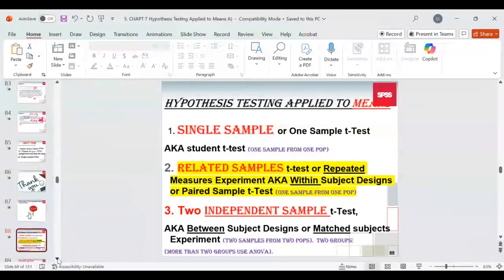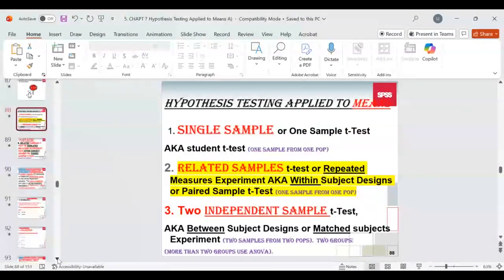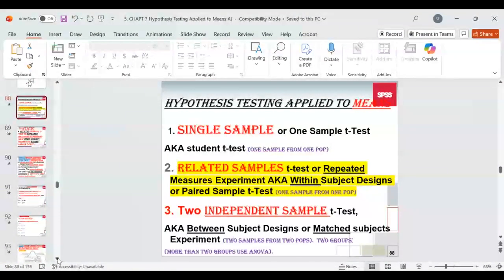We said that last time. We said there are 3 different t-tests, and we use these t-tests when the population mean and the standard deviation are unknown.